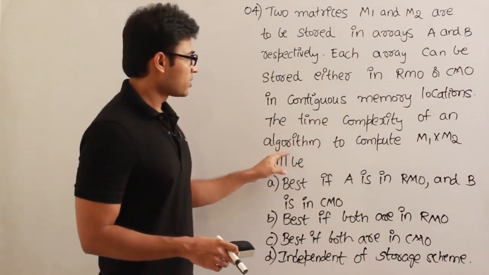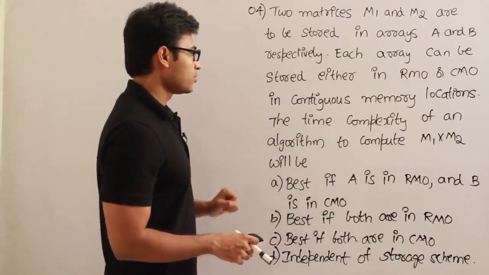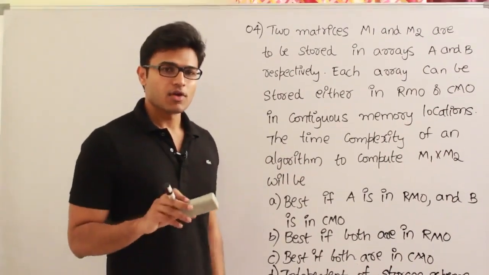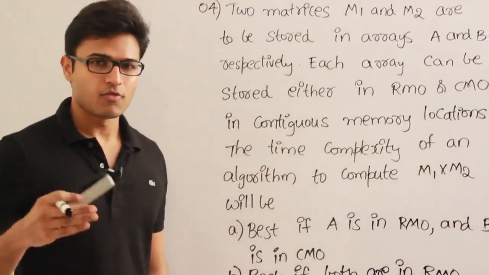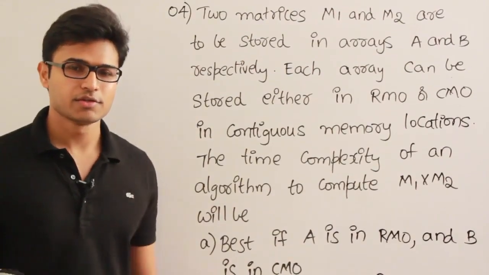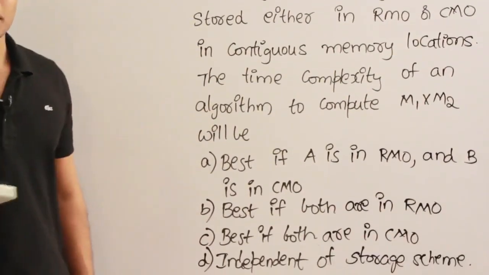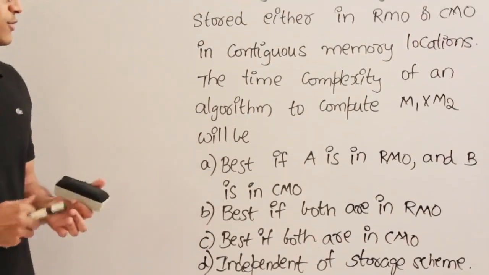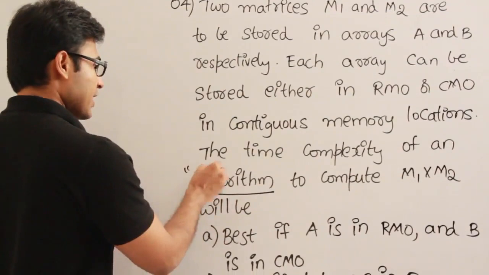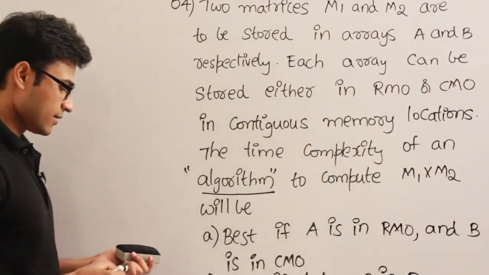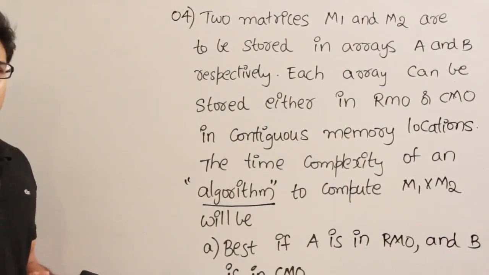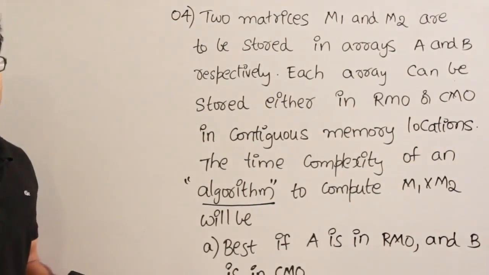The time complexity of an algorithm to compute M1 into M2 will be, so they are now talking about the time complexity. Now how can you find out what is the storage scheme that you use, which is going to give you a better time complexity of the algorithm, right? So actually, whenever we discuss algorithms, we never talk about the time complexity related to the storage scheme, which means the algorithm is independent of the storage scheme.